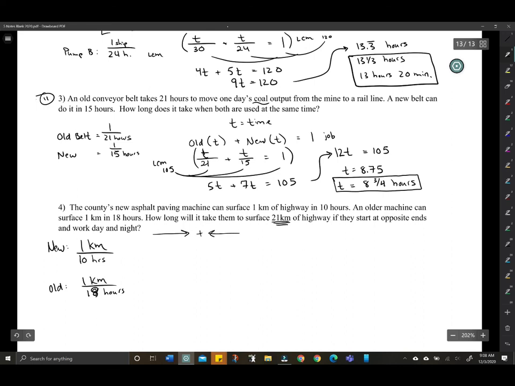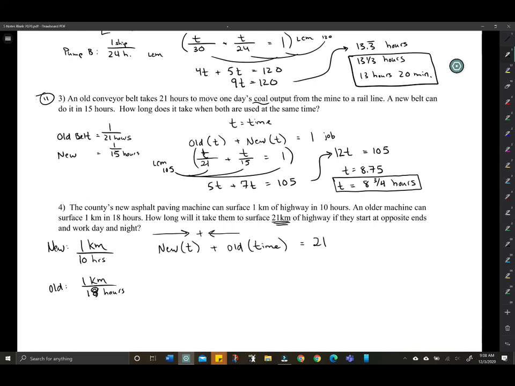So the new rate times the amount of time it works plus the old rate times the amount of time it works. And this time we need to do not just one job, but 21 kilometers. Okay, so equals 21 kilometers.